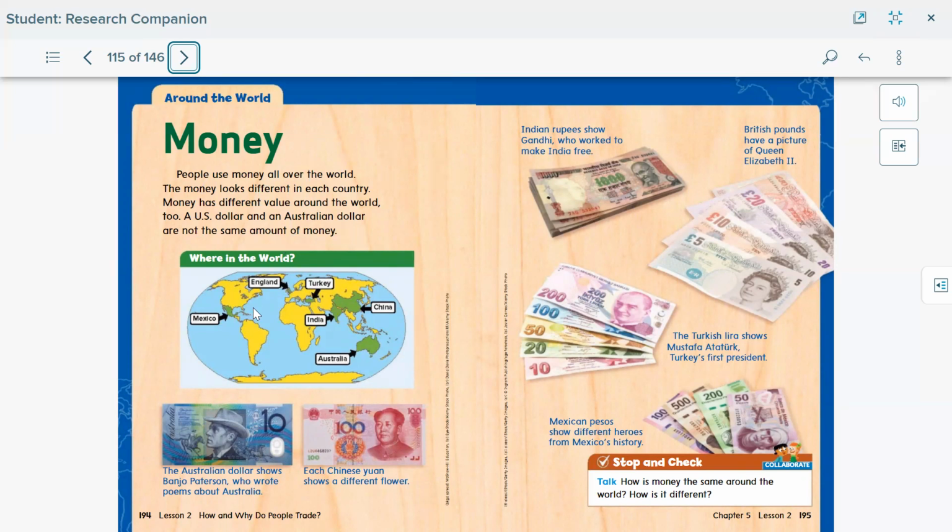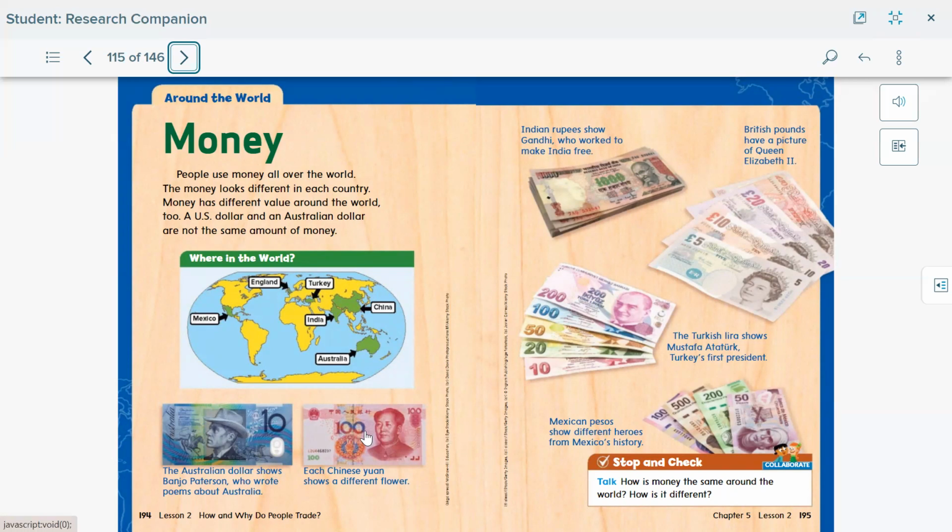We know some places: we have Mexico, England, Turkey, India, Australia, and China. All right. The Australian dollar shows Banjo Paterson, who wrote poems about Australia. So the picture on the Australian dollar has Banjo Paterson, who wrote poems about the country.